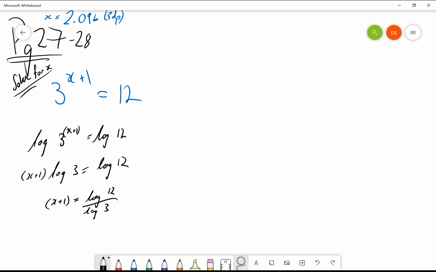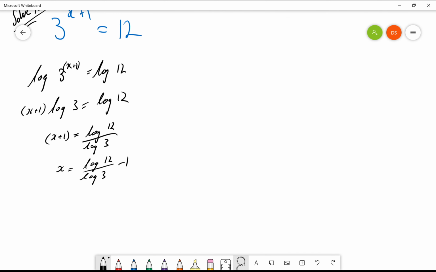And now to get x by itself, I have to subtract 1. And so now you can see the algebra is creeping in. If you type that into your calculator, using brackets very carefully, you should get an answer that's pretty sensible. So try that.